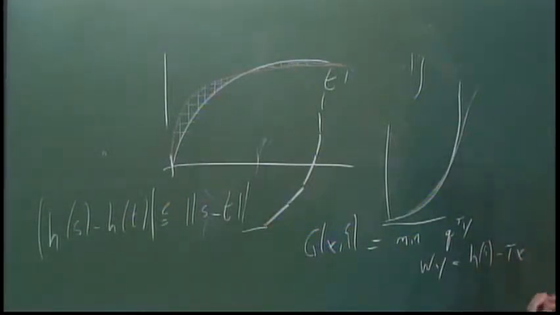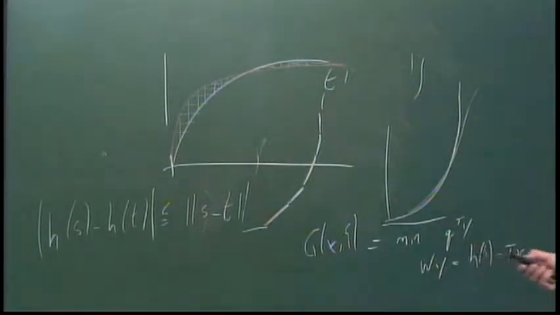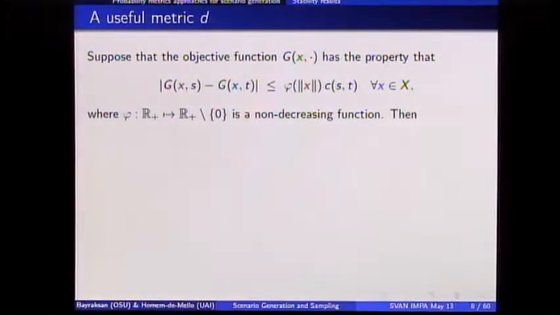Well, we know that this is going to be piecewise linear in h, so we automatically get this type of Lipschitz property. So that's an assumption that holds for many problems, not for all problems, but it holds for many problems, okay?